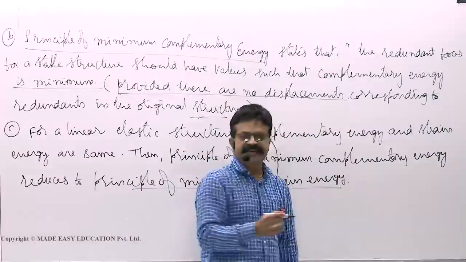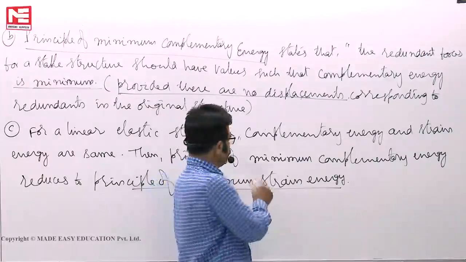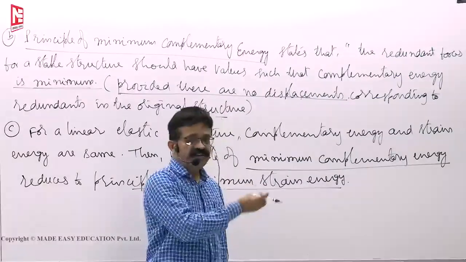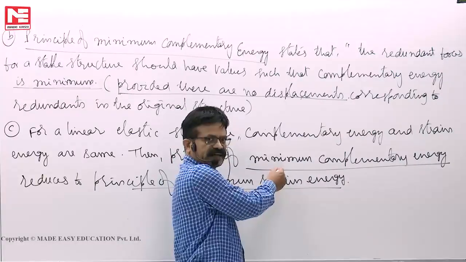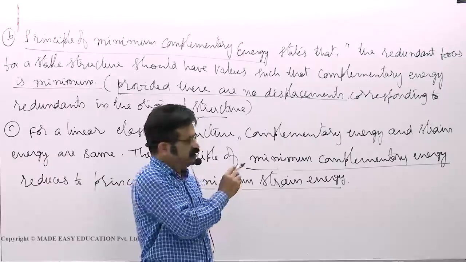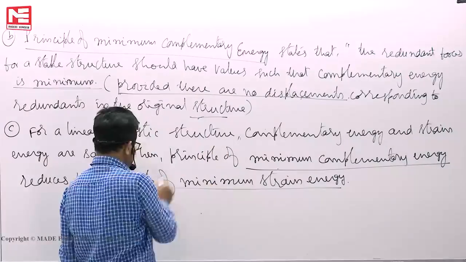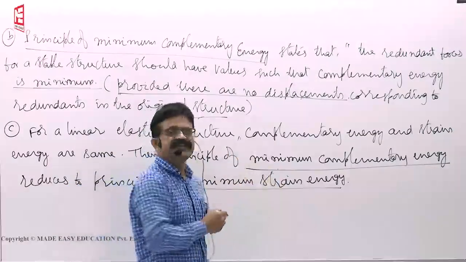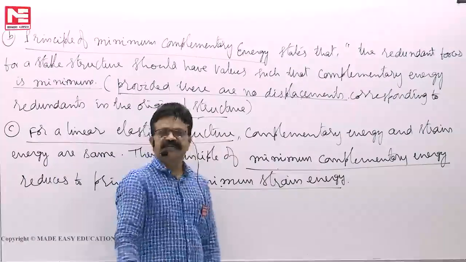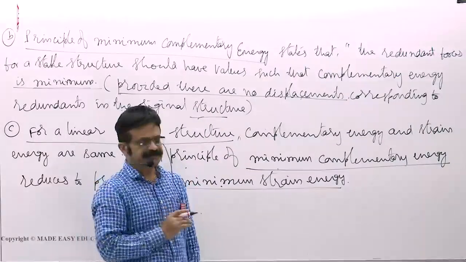Again, the principle of minimum strain energy is a particular case of the principle of minimum complementary energy. The complementary energy principle is applicable to linear structures, and materially non-linear elastic structures also you can take up. If there is no material non-linearity, it is a linear elastic structure, and complementary energy and strain energy are the same. Then I can write the principle of minimum strain energy. I can use this word only when you have a linear elastic structure. For such cases only, complementary energy and strain energy are the same.